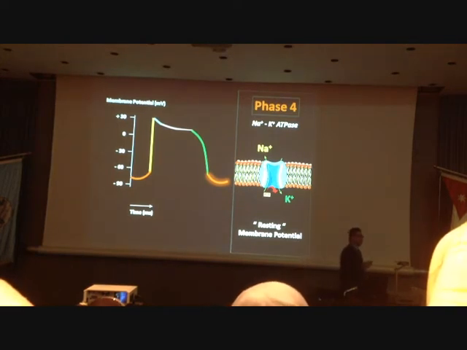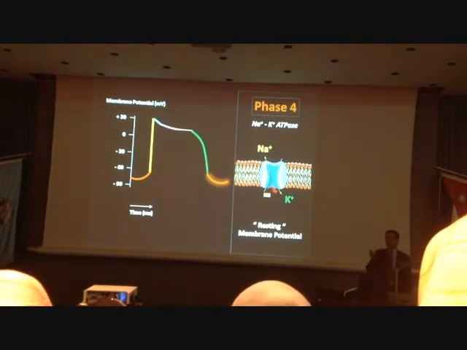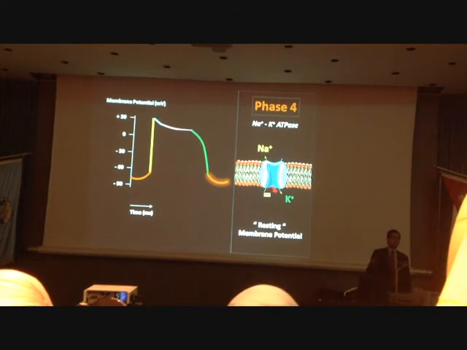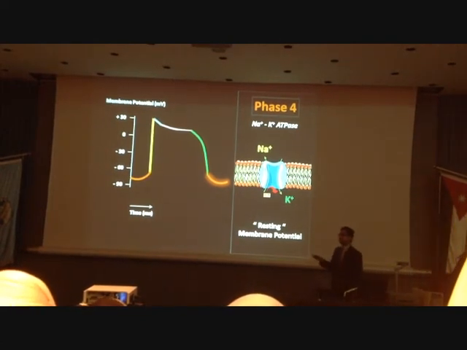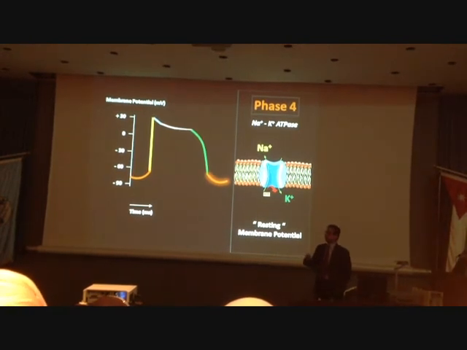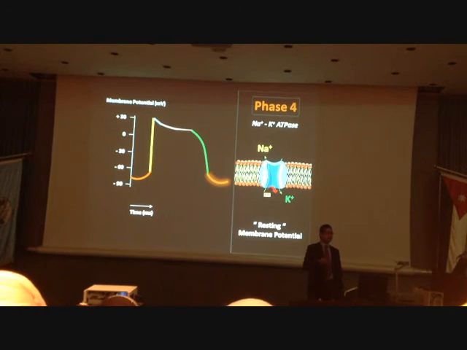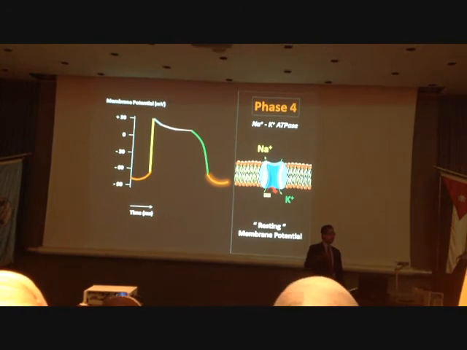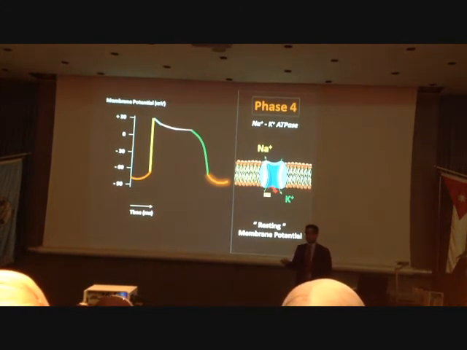Okay. Now, the absolute refractory period, or refractory period in general, what does that mean? Refractory means the cell is unresponsive, which means you cannot have another action potential here, right? And just think about it. When does the cell become refractory or unresponsive to more action potential triggers? Exactly, during the action potential.